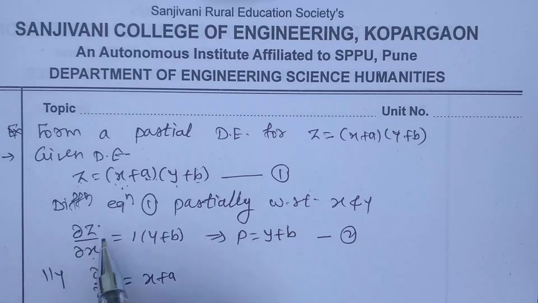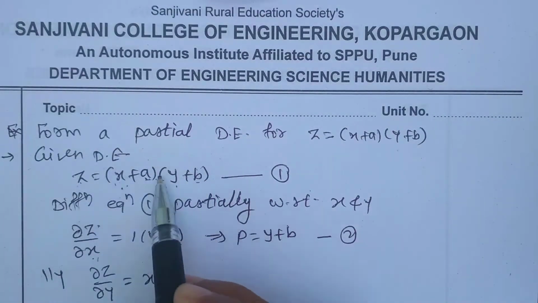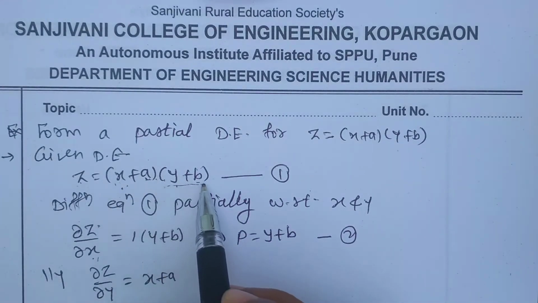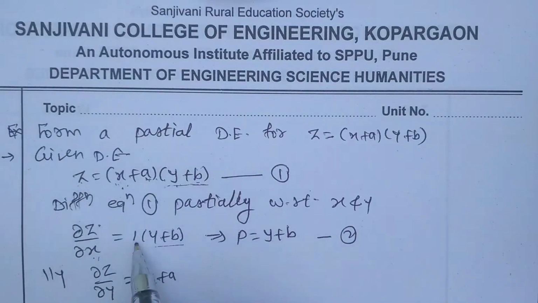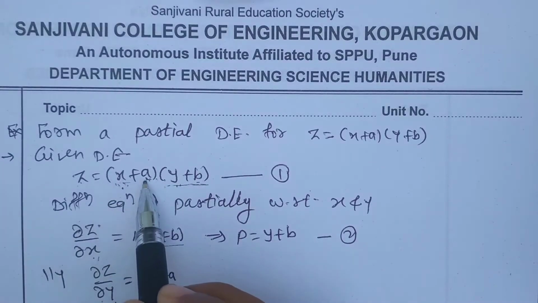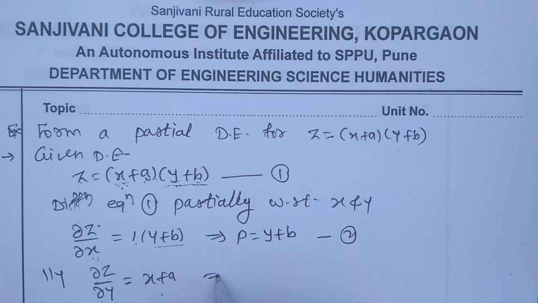See, once again the derivative ∂z/∂x: there are two terms in multiplication. With respect to x, the term y plus b is a constant, keep it as it is, and the derivative of x plus a is 1. And for the derivative of z with respect to y, out of the two terms, x plus a is a constant, keep it as it is, and the derivative of y plus b is 1. This implies ∂z/∂y, that is q, equals x plus a.